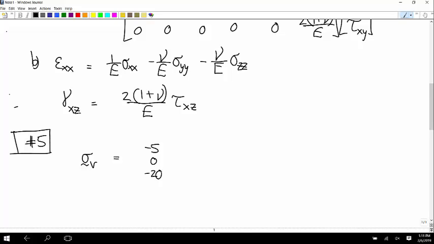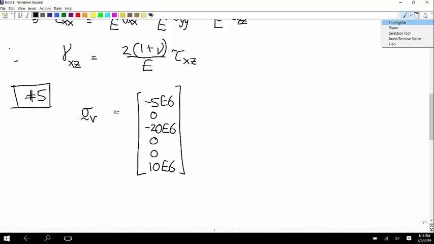And then there's no yz, there's no xz, and xy is positive 10. This is all megapascals, so if you're going to do it in pascals, these all have to be times 10 to the 6. And then it should work out.